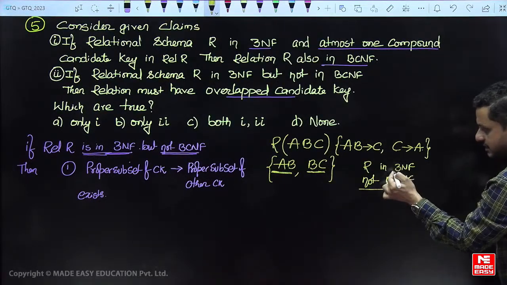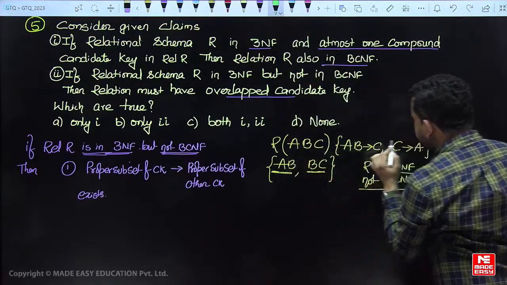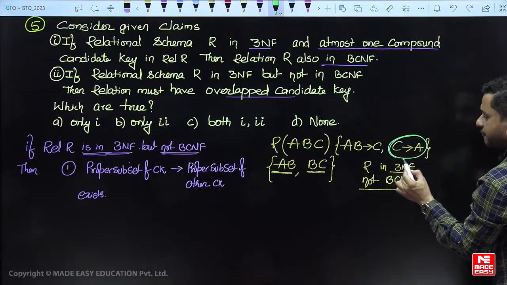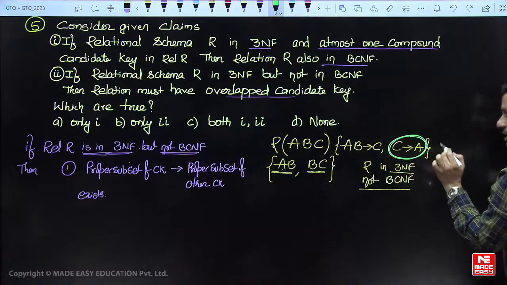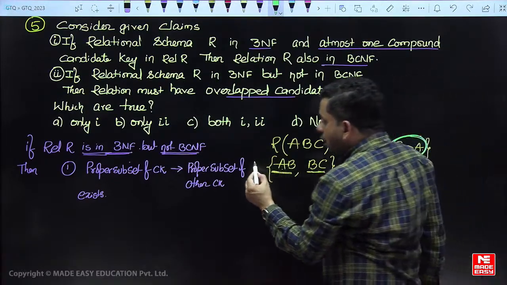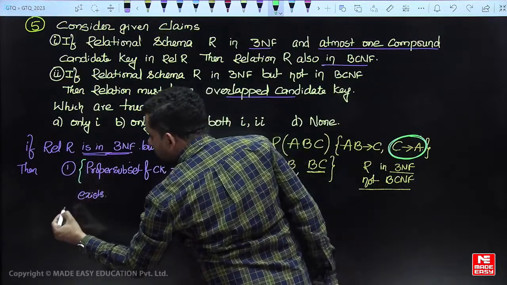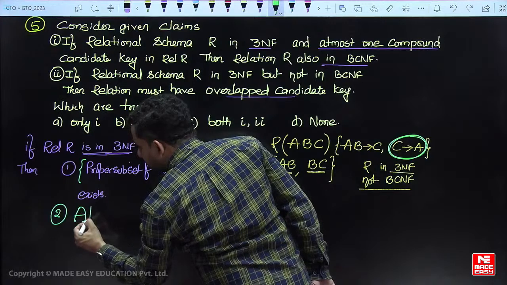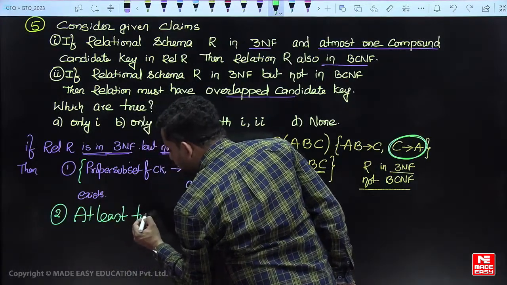So whenever we say 3NF but not BCNF, you can definitely find at least one FD where a proper subset of a key determines a proper subset of another key. To form this kind of FD, at least two compound keys are mandatory.